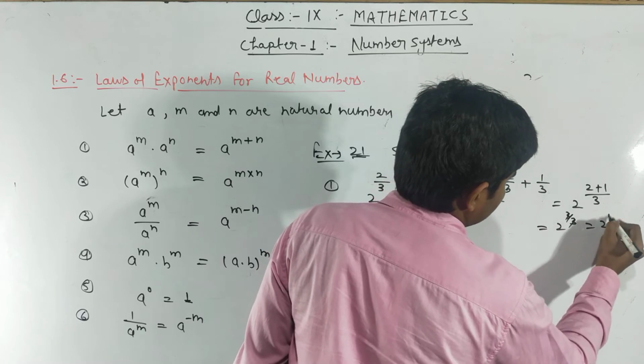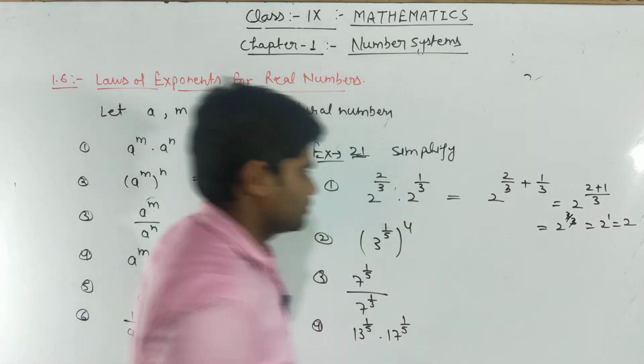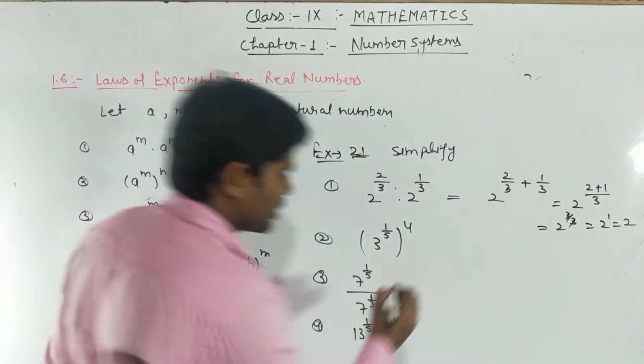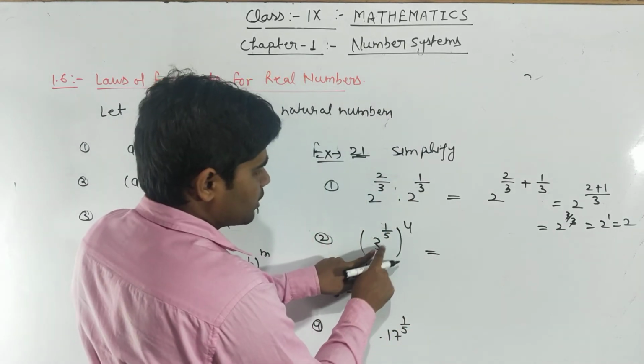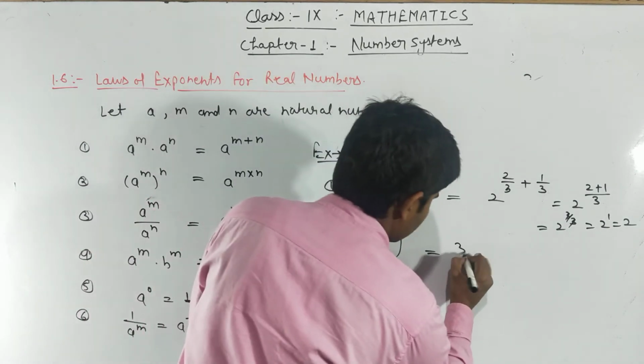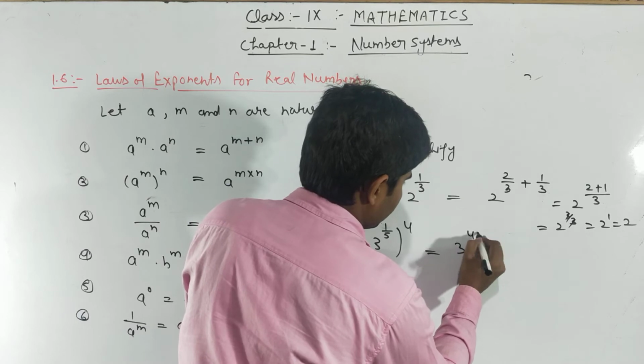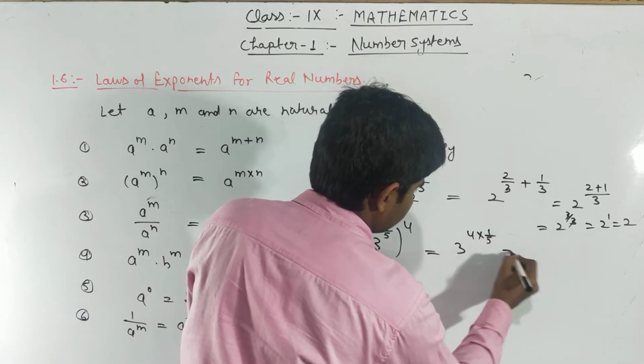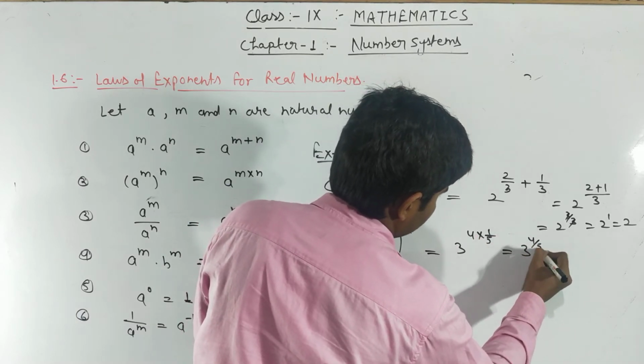Cancel out, 2 raised to the power 1, answer is 2. First solved. Now second, a raised to the power m raised to the power n, so this is 3 raised to the power 4 into 1/5 is equal to 3 raised to the power 4/5.